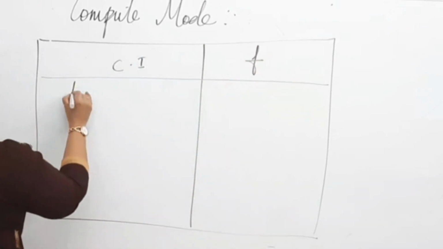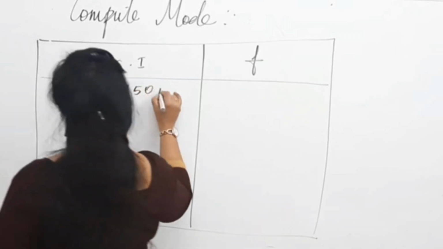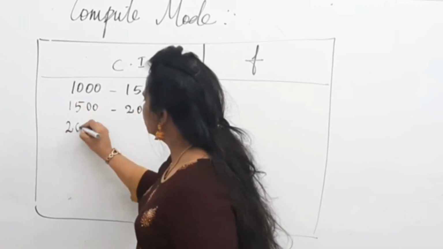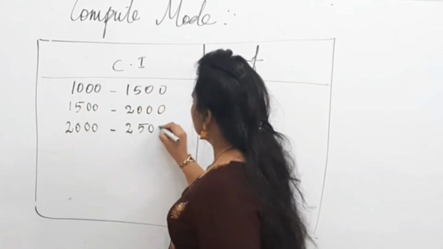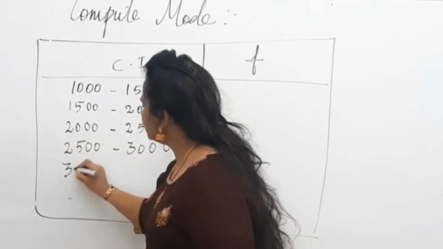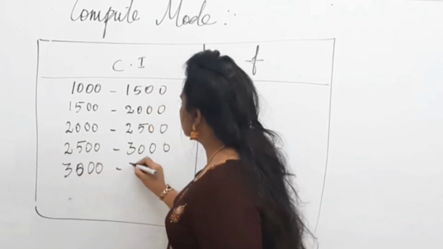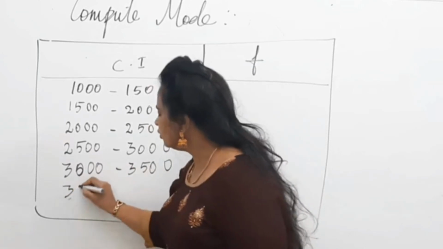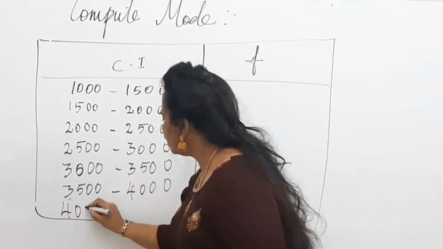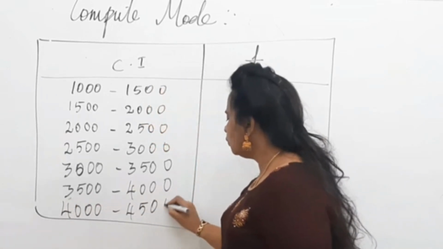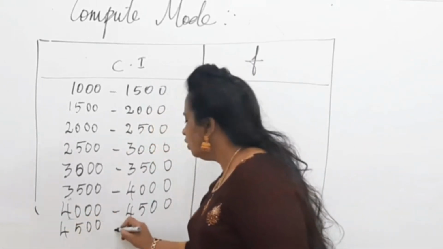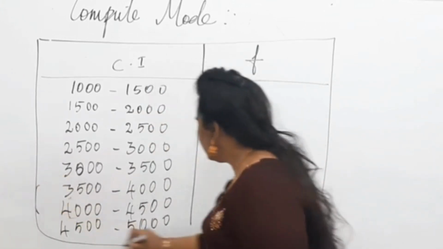The class intervals are 1000 to 1500, 1500 to 2000, 2000 to 2500, 2500 to 3000, 3000 to 3500, 3500 to 4000, 4000 to 4500, and the last one, 4500 to 5000.